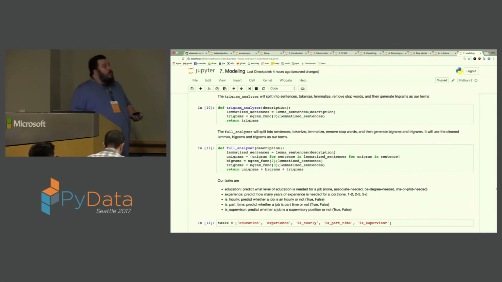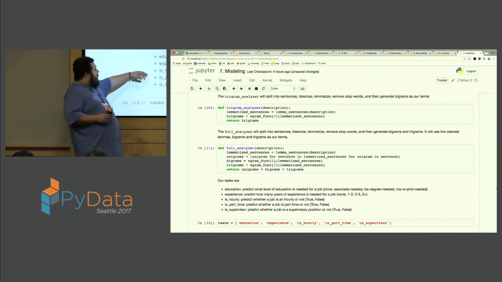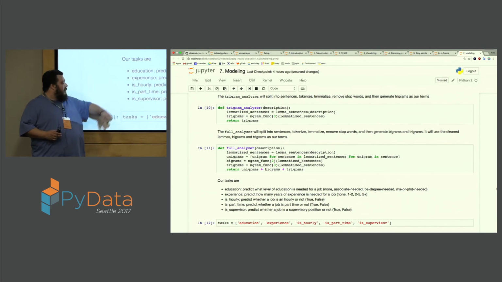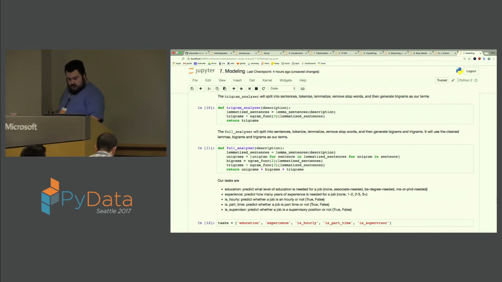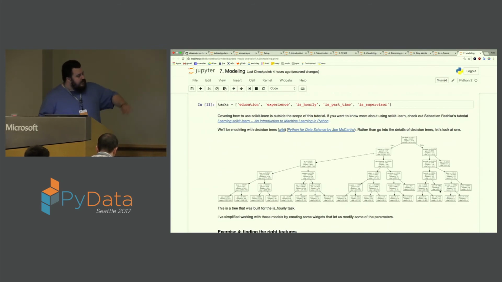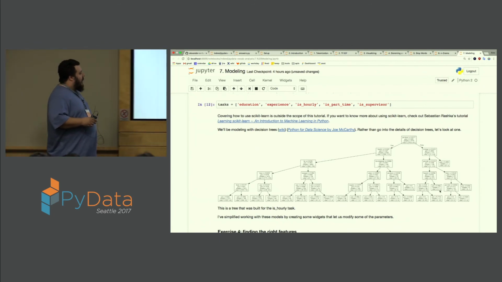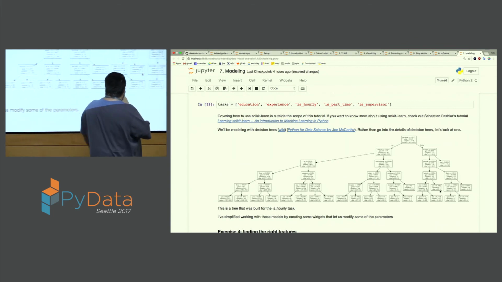We're going to try to make predictions with decision trees: predicting education level, experience, and then the 3 Booleans: is hourly, is part-time, is supervisor. I'm using decision trees because a decision tree is pretty easy to explore. Here's one I made for, which one is this? I think this is hourly.